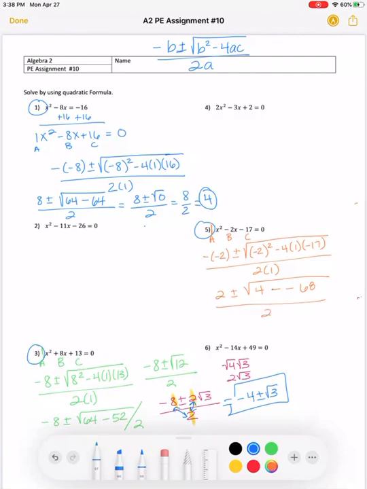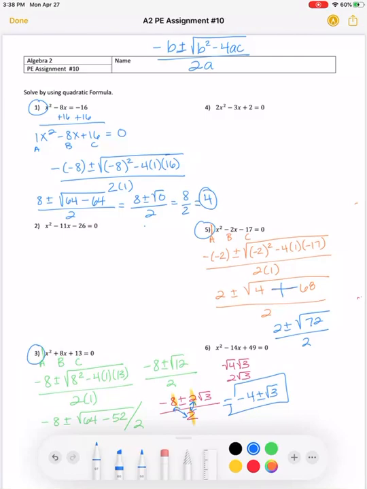Double negative, that's a super plus. So we have 2 plus or minus the square root of 72 all over 2. 72 has a perfect square in it.